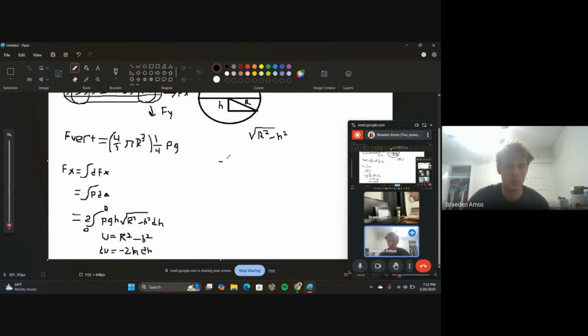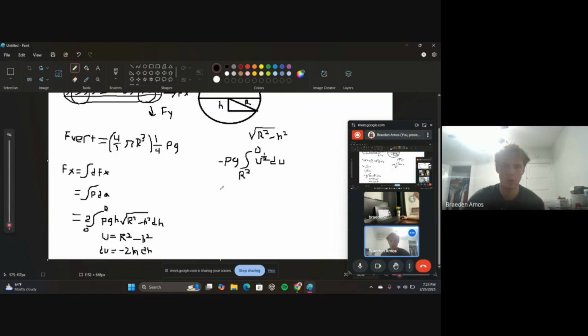So we get negative rho g, and these don't get integrated because they're constants. That's going to be 0 since we made these negative. So now r squared on the bottom, 0, and it'll just be u to the 1/2 because it's square root times du.